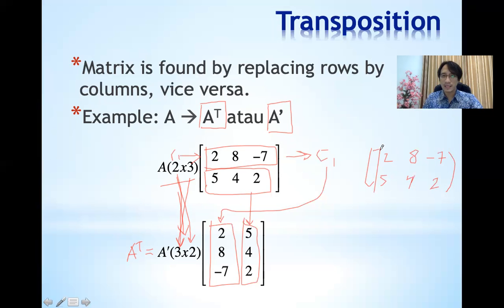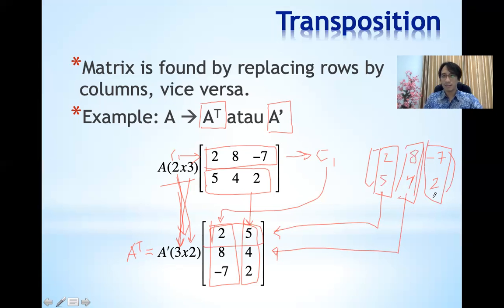Then from the side of column, column becomes row. 2 and 5 become the first row. 8 and 4 become the second row. Minus 7 and 2, column number 3 becomes row number 3.